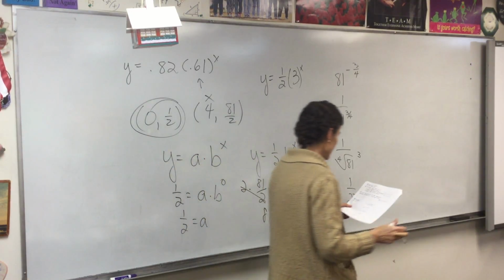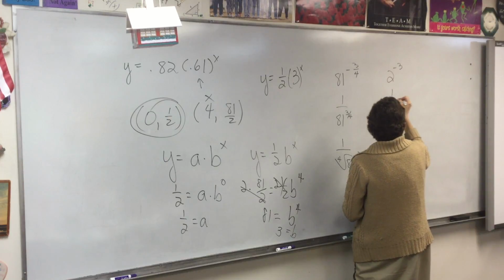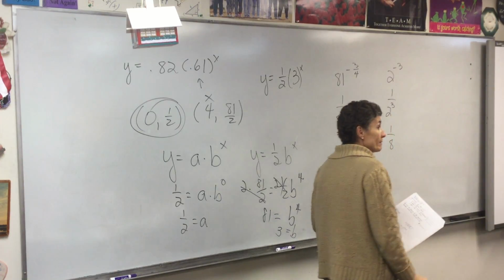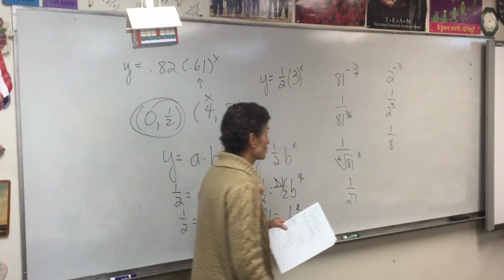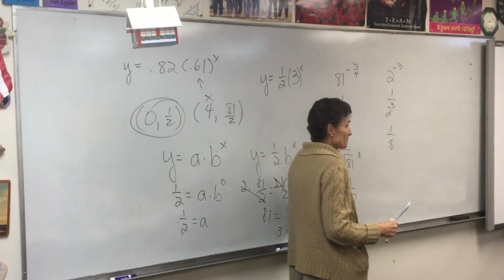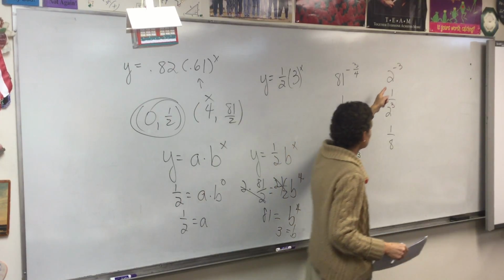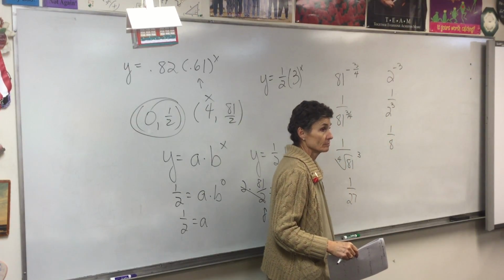A couple of you on yesterday's quizzes, as you went from step to step, you forgot the 1. Don't forget, as soon as you put 1 over, your answer is going to be 1 over. Your final answer.